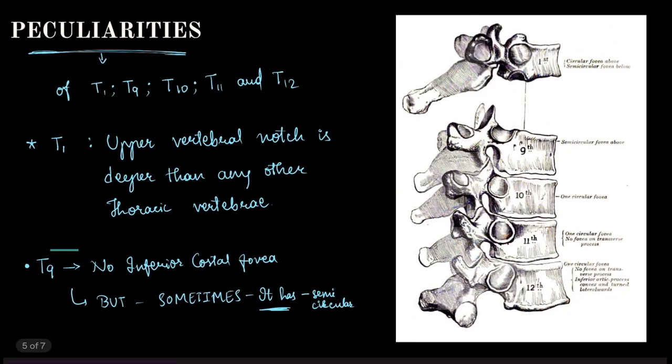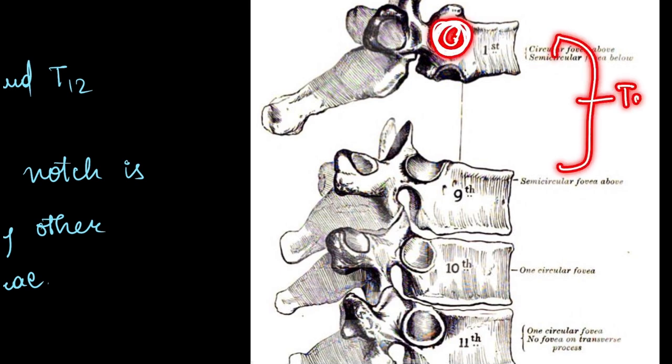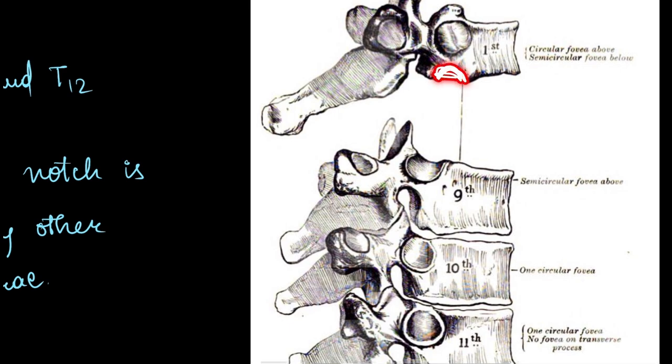Next, these are peculiarities, sort of variations, of thoracic vertebrae. From the first to the eighth thoracic vertebra, you can see common general features: they will have costal fovea of the transverse process. Only the first thoracic vertebra will have a superior costal fovea that is circular, and it will have an inferior fovea.